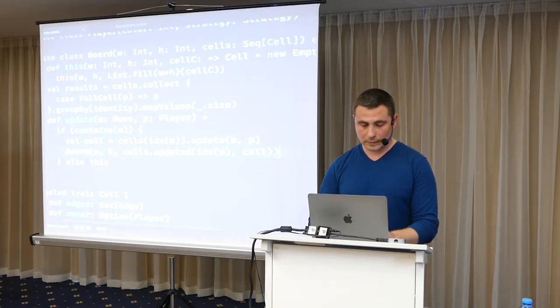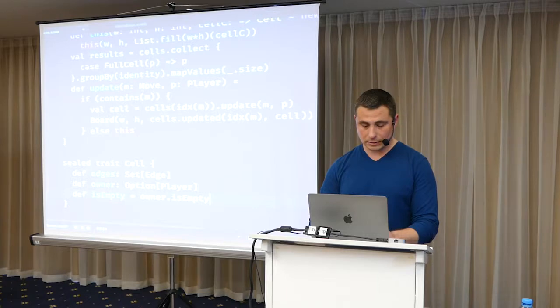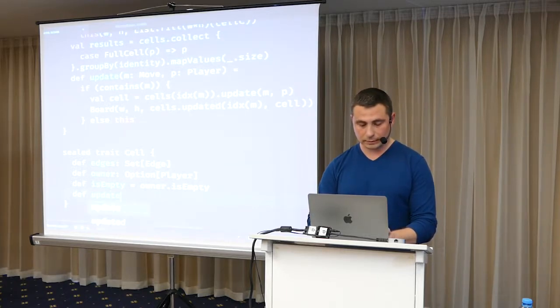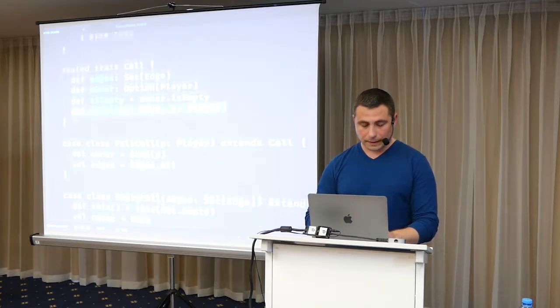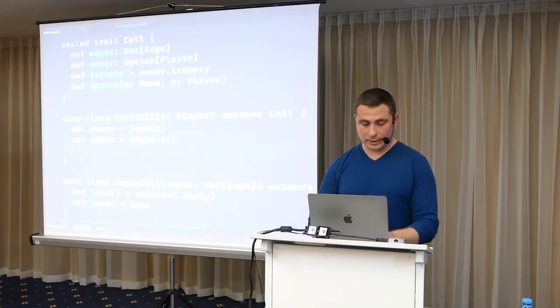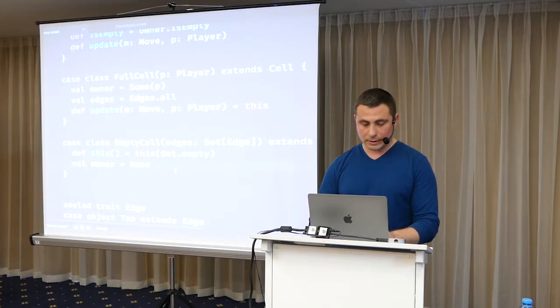Right, so now cell needs to know how to update itself with a move and a player. And for the full cell, it's easy, right? It's just nothing happens. For the empty cell, it's a little bit complicated. So first of all, if edges contain the edge we want to change, then we do nothing.